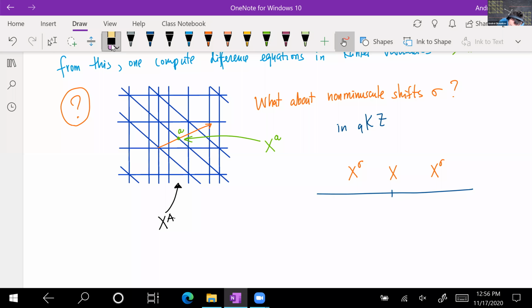So this QKZ, the source for minuscule shift, when we pull back this picture, we get just the lattice Z. This means X will appear periodically, and in all other places we get the fixed locus of sigma.